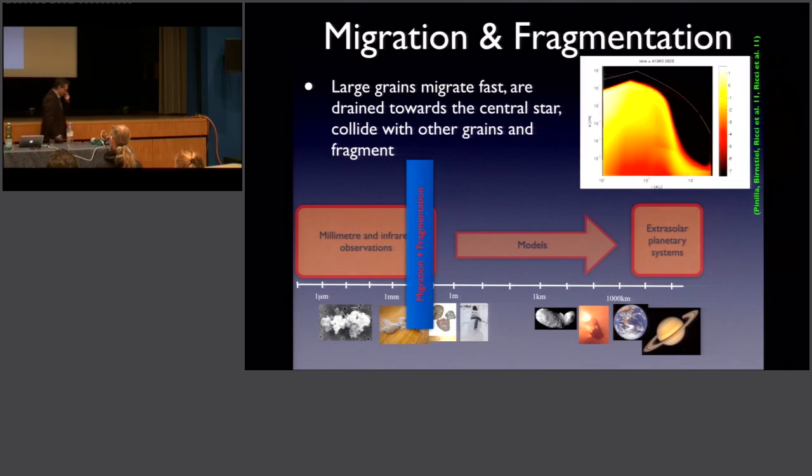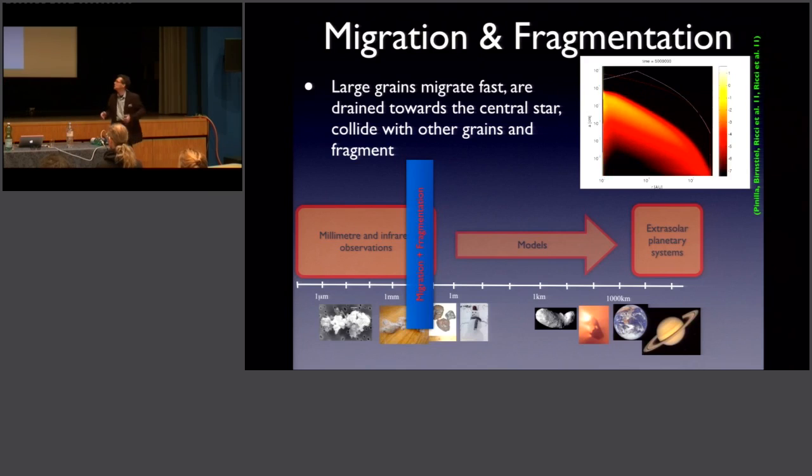Now, what's the problem? The problem is the one that was explained earlier today by Phil. If you are not just dust particles, but you are sitting in a gas, and you actually need the gas, otherwise you don't have turbulent velocities and you don't have grain growth. If you're sitting in a gas, then the gas is moving typically sub-Keplerian in this disk because it also has a pressure as a function of radius.